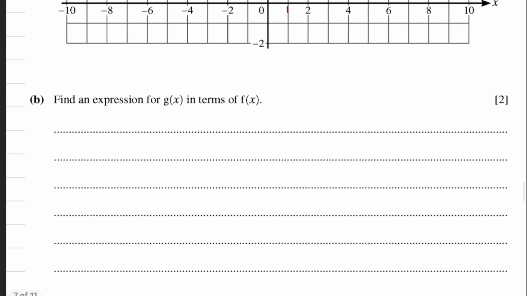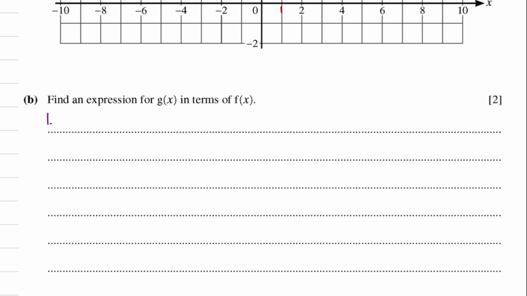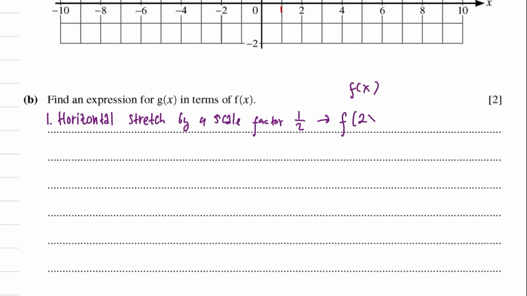So first thing first, we apply horizontal stretch by a scale factor 0.5 or half. My function from f(x) will become f(2x). Pay attention, if it is horizontal, we always do the opposite.